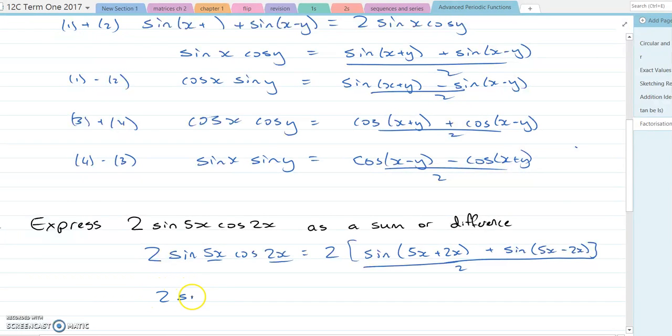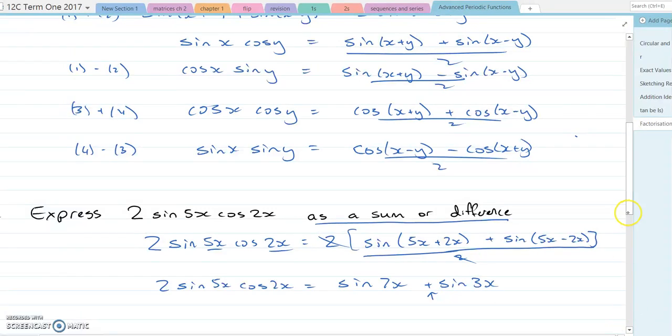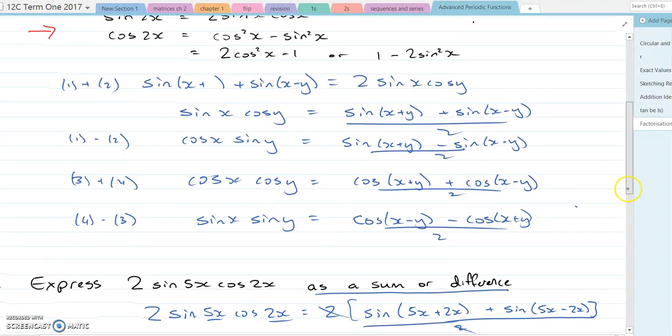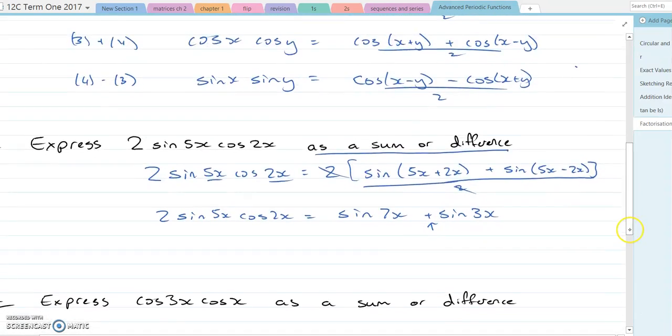So we get 2 sine 5x cos 2x equals, the 2's are gone, sine 7x plus sine 3x. And that was what the question asked, to write this as a sum or a difference, and that is a sum. Alright, that was the first example.